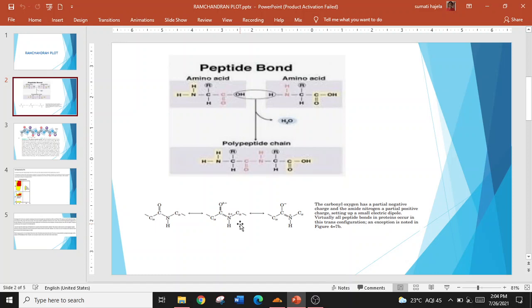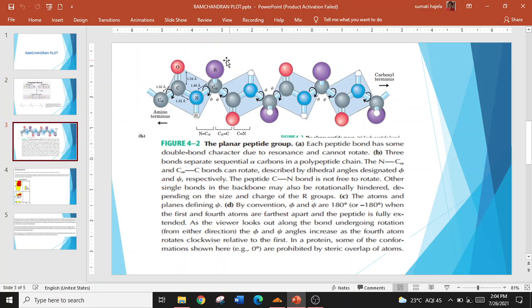Other single bonds in the backbone may also be rotationally hindered, depending on the size and charge of the R group. Now where is the R group? Again, you see the R group here. Depending on how bulky the R group is, how big or small, it adjusts differently between these two planes. This is different for every atom, for every amino acid.